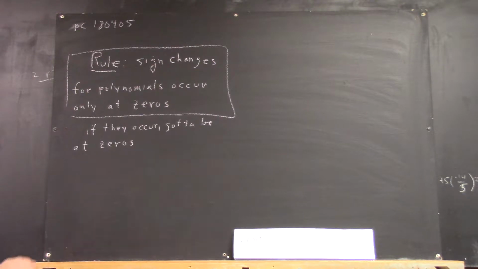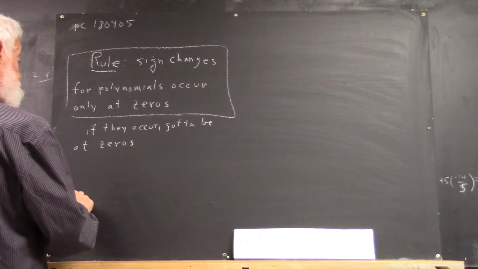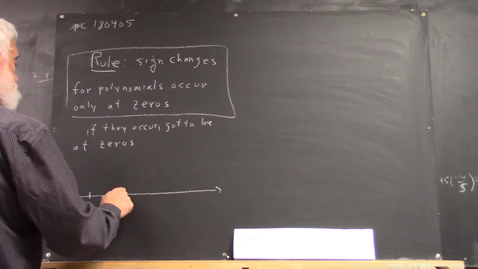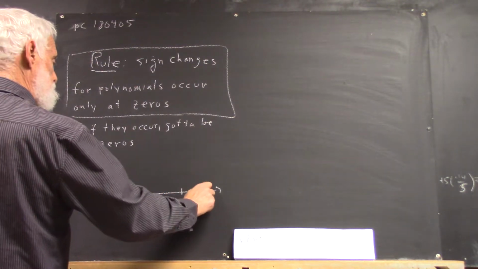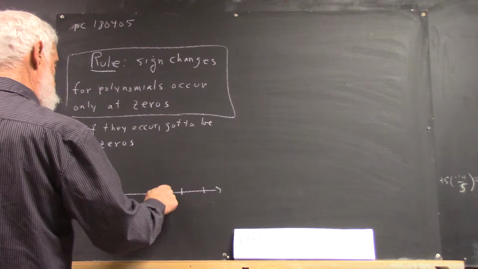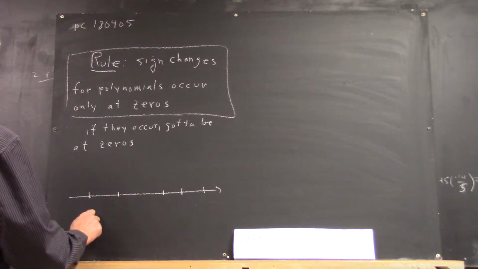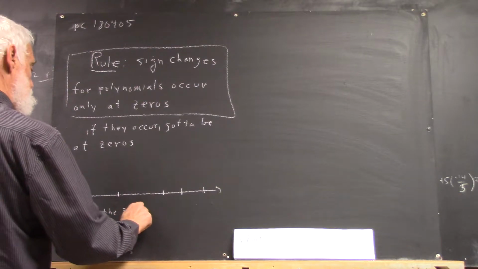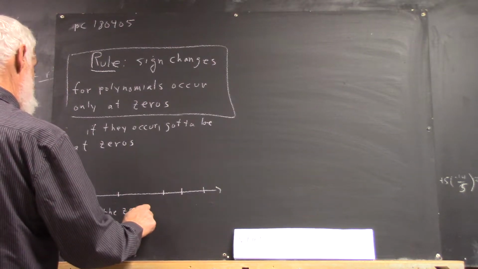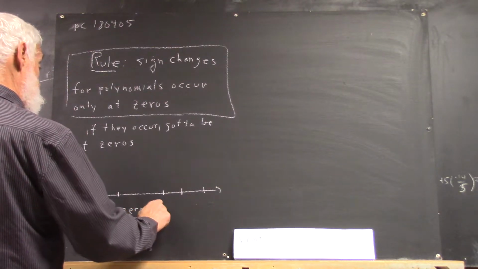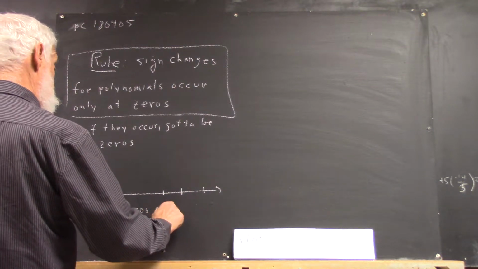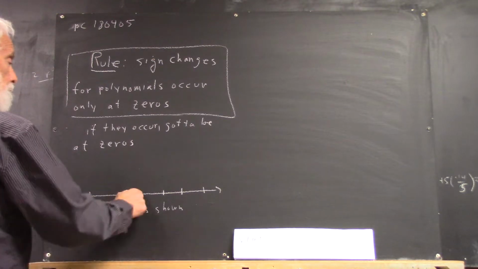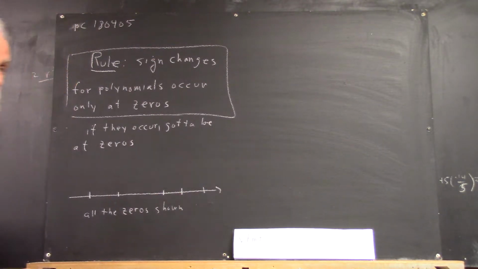So if I know the zeros, so all the zeros are shown here. Okay?